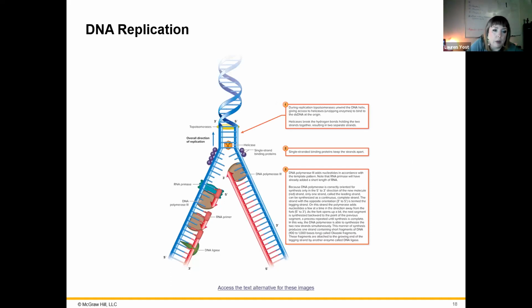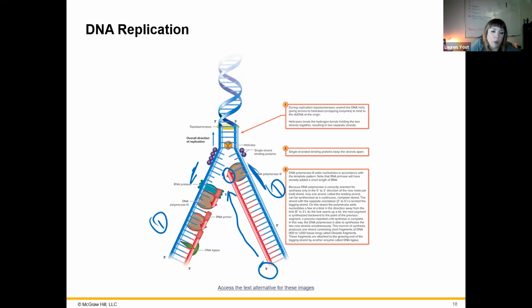So we have our parent strand in the blue here. Parent strand in the blue, so we are separating everything out. So we have one parent strand over here and one parent strand over here. We can only add in the 5' to 3' direction. So we can just go straight on through on that side. That's the leading strand.